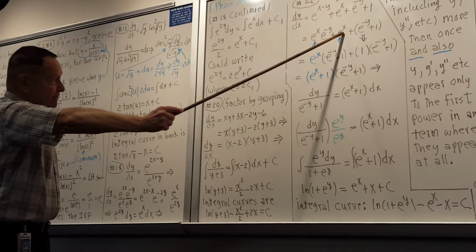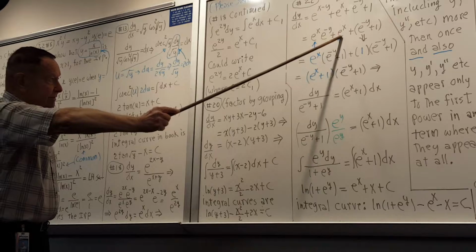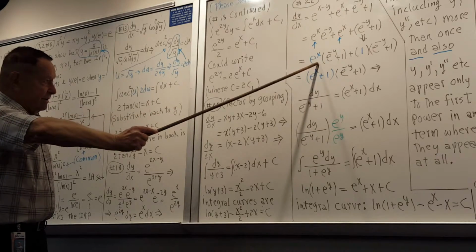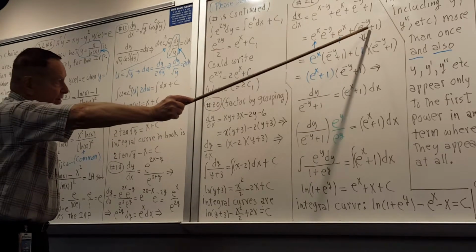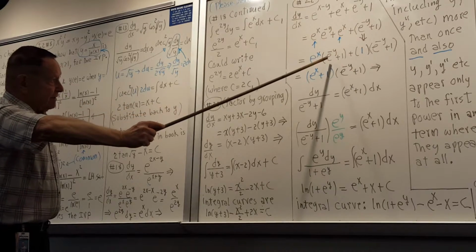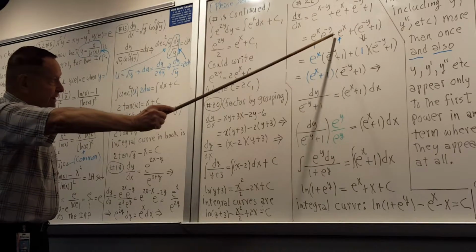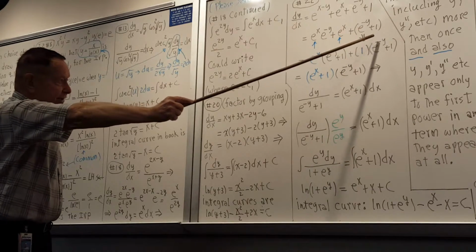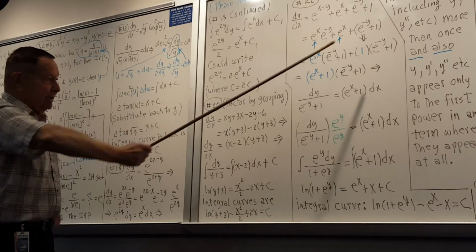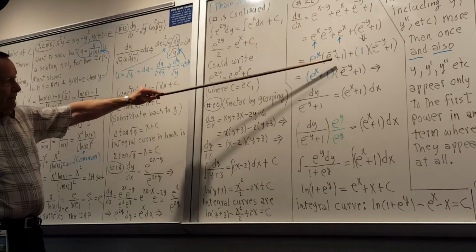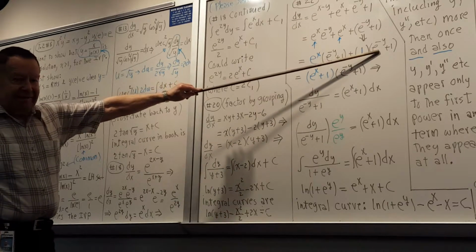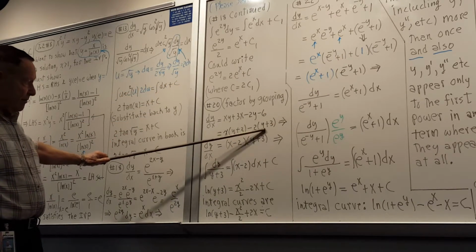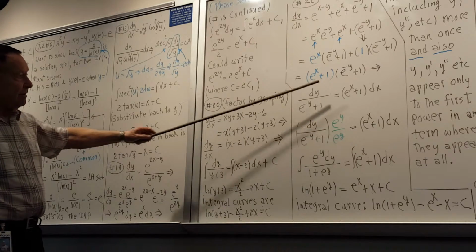So if you factor the e to the x in those two terms, you have then on the right e to the y plus 1 here, and you can think of this as 1 times e to the minus y plus 1. Okay, so then that's your right-hand factor, the same way that y plus 3 was here.